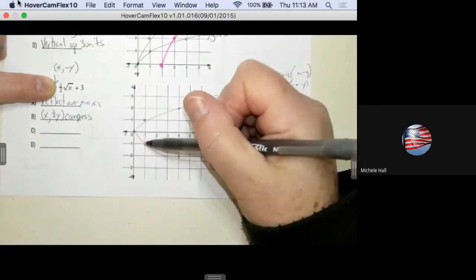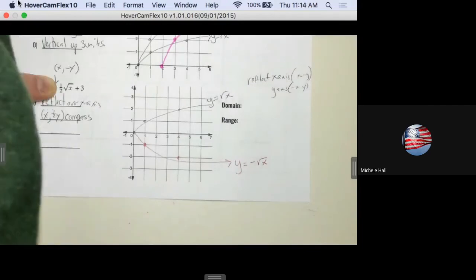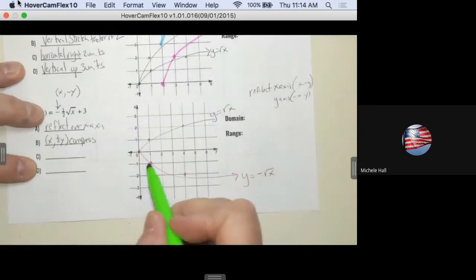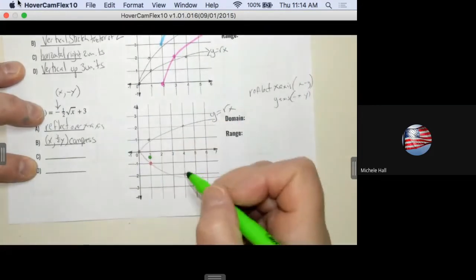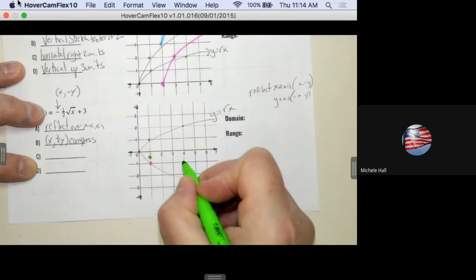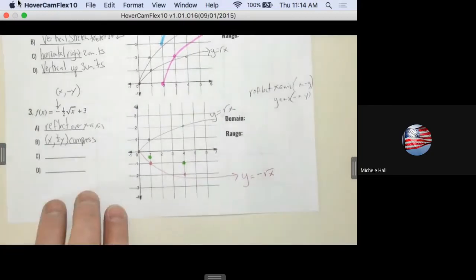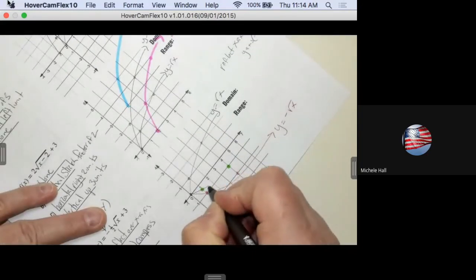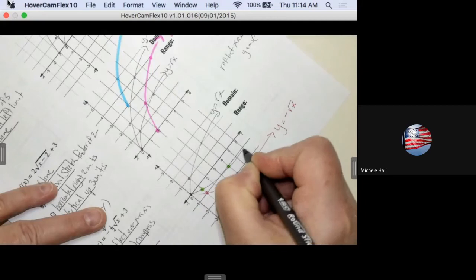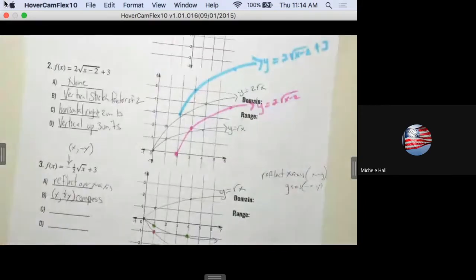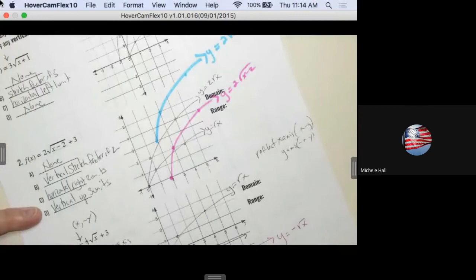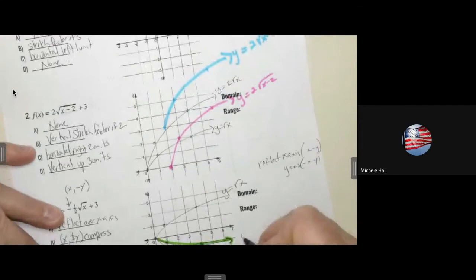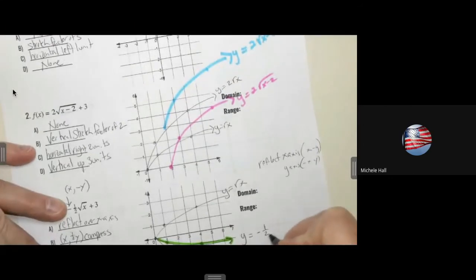So if y is 1, what's half of that? It's a half. If y is 2, what's half of 2? Here we go. We are compressing it and shrinking it towards the x-axis. So y equals -1/2 square root of x.